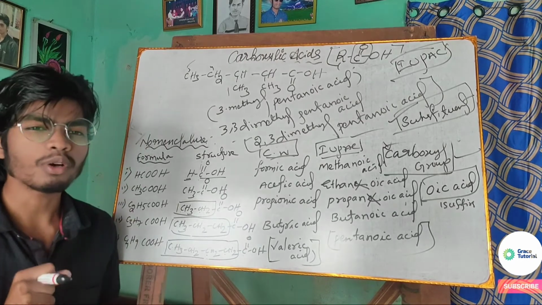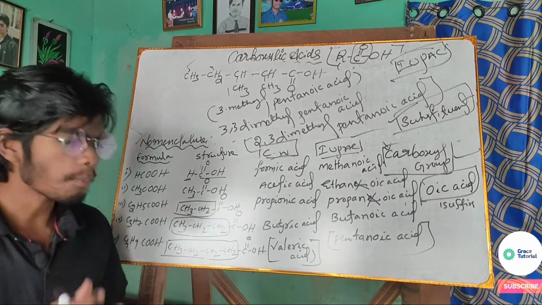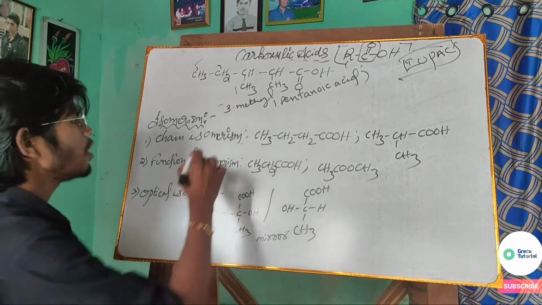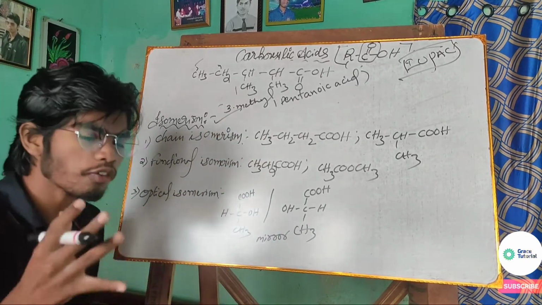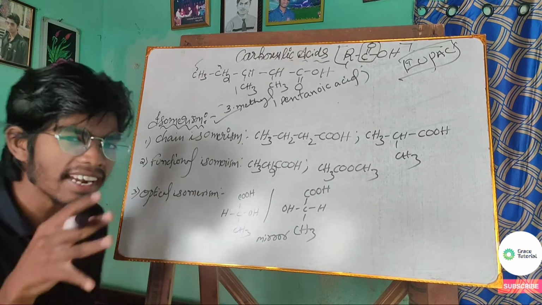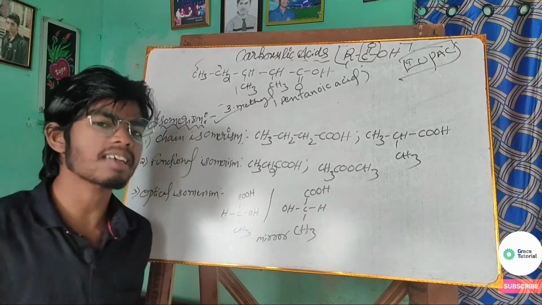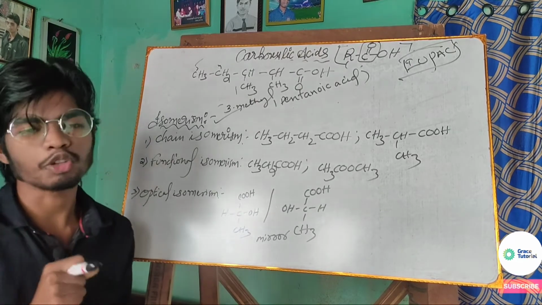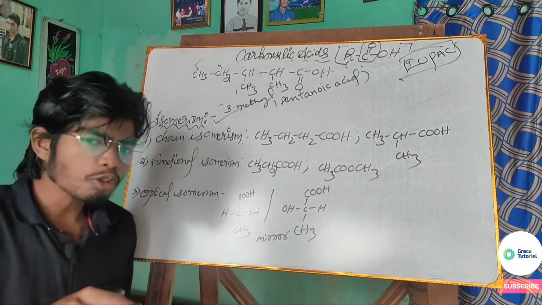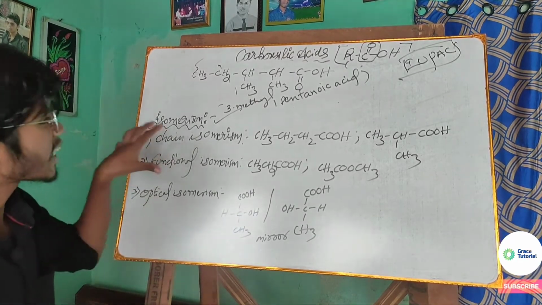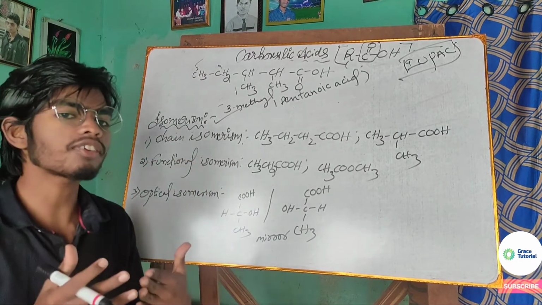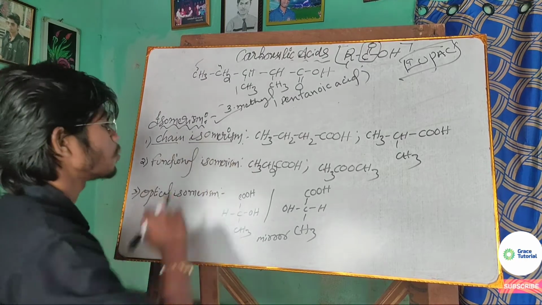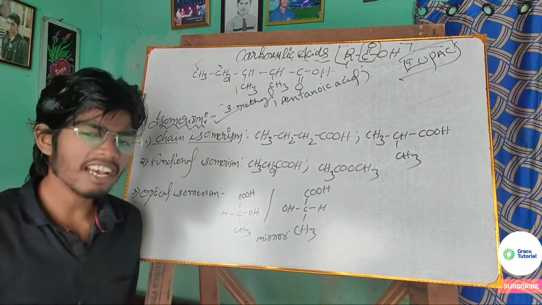Now we will go to the isomerism of the monocarboxylic acids. In the lecture on aldehydes and ketones, I explained in a detailed and systematic manner the various types of isomerism. Here we come directly to the point that carboxylic acids show different isomerism. The first one is chain isomerism.